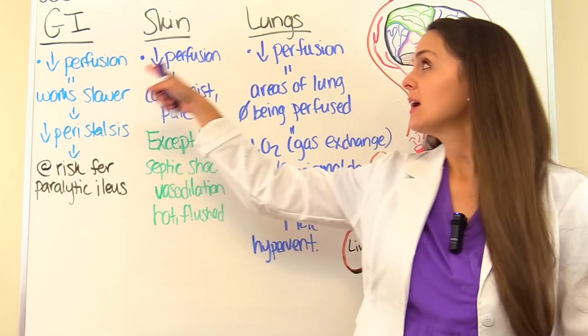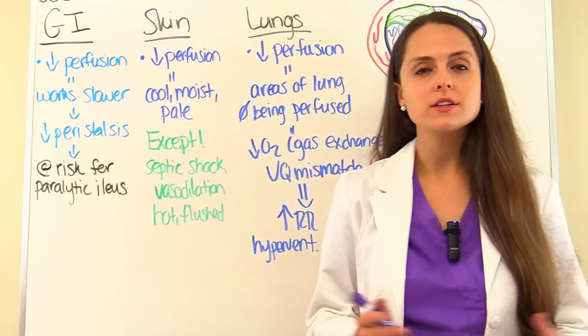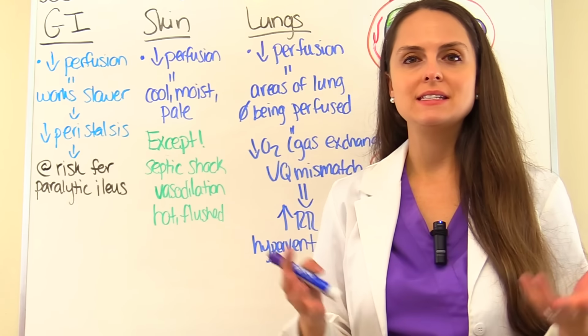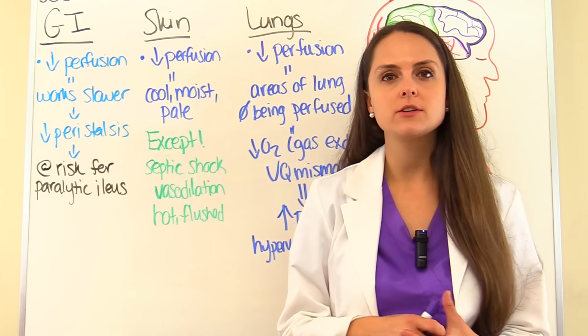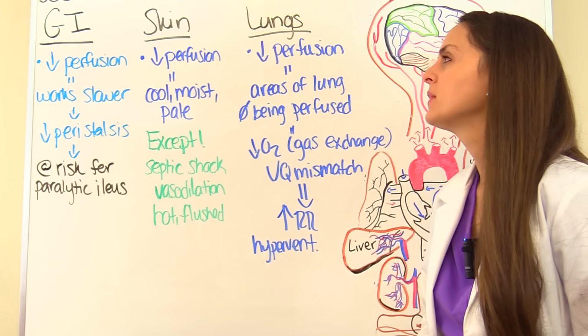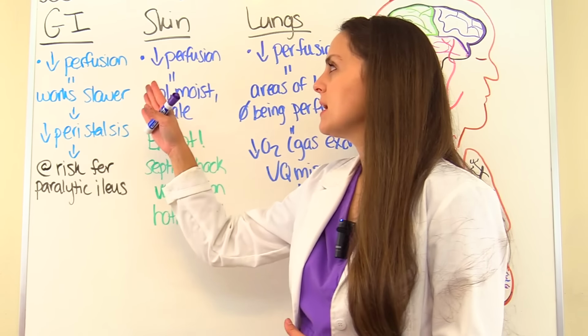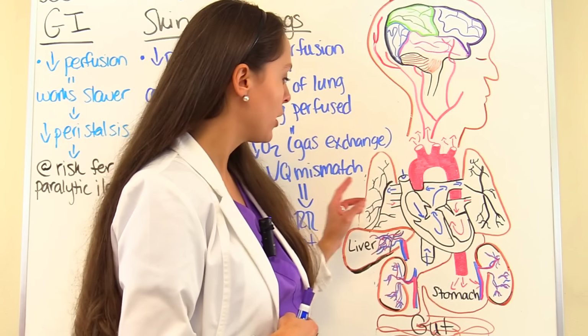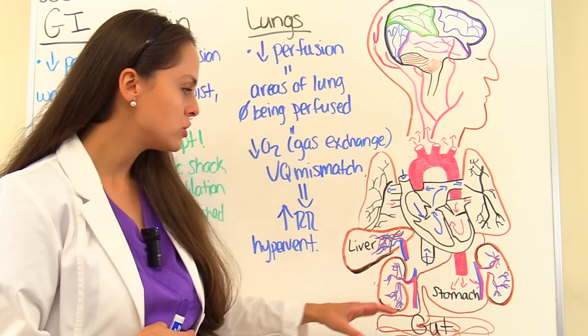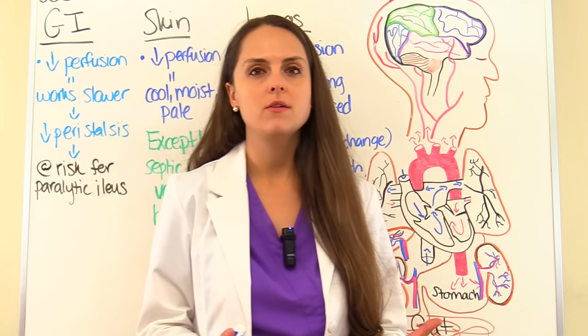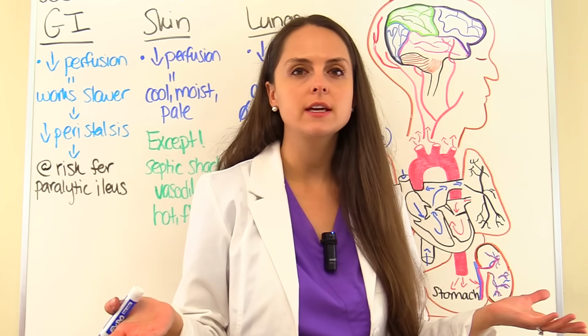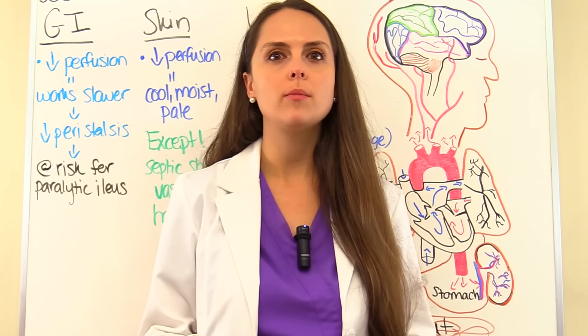Now, our gut, our skin, and our lungs are also going to be affected by this decreased perfusion. So let's look at what's going to be going on with that. Okay, our GI system. If you have decreased blood flow going to the stomach and to the gut, what's going to happen? Well, it's going to signal to the gut, hey, we probably need to stop working.